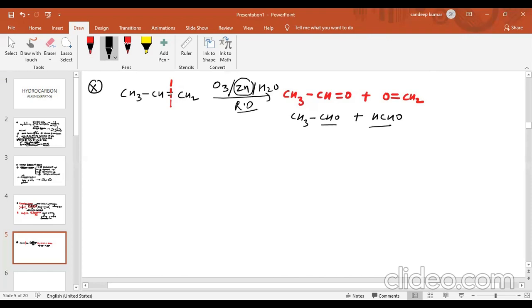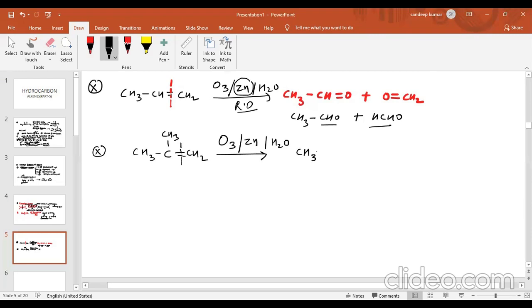Now see the next question. If the compound is given like this, CH3C(CH3) double bond CH2, then when we use ozone, O3, zinc and water, we break this pi bond and add oxygen on both sides.